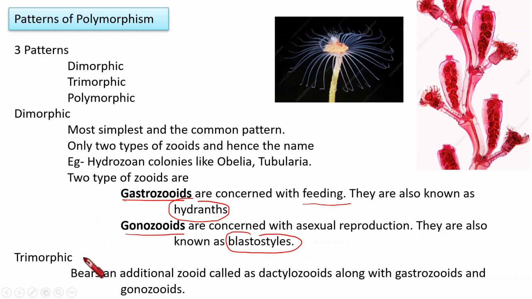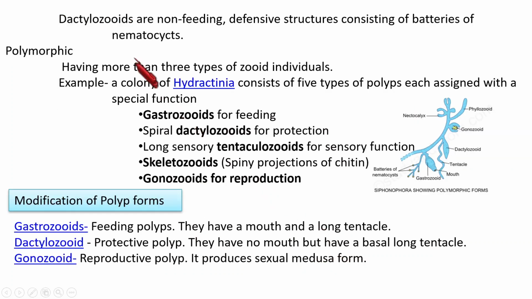Yes, okay. Then trimorphic. Trimorphic means an additional morphological form is also present. That form is called dactylozooids. Dactylozooids are defensive zooids, D for defense. They are non-feeding, but they are defensive structures. As they are defensive in function, they should contain some weapons.